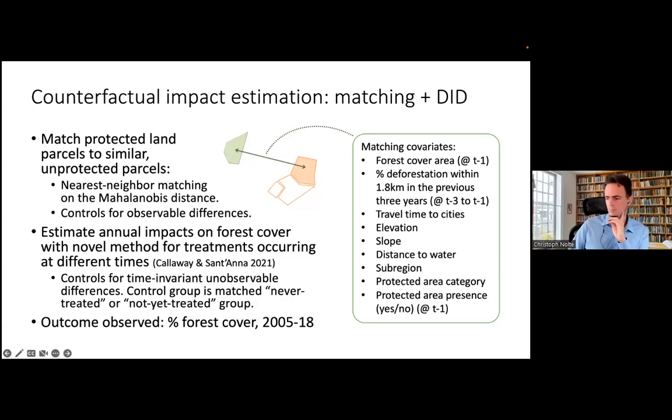And another benefit of this approach is that you can compare places that have been treated with places that have never been treated, or you can also compare them with places that have not yet been treated. And through these 2 methods, we are able to estimate the outcome, which in this case is the percent forest cover, and we have this outcome from 2005 to 2018.